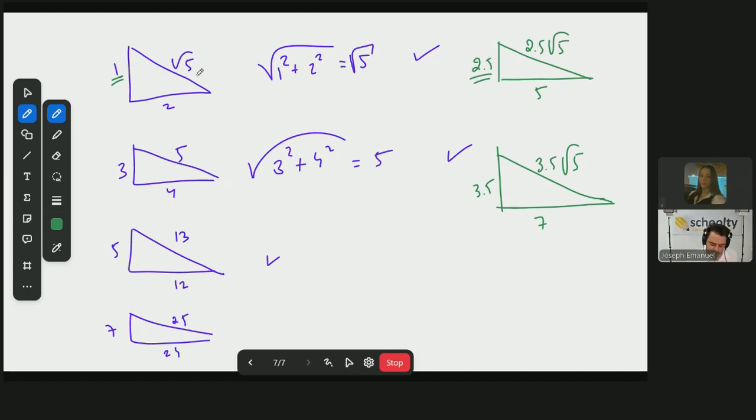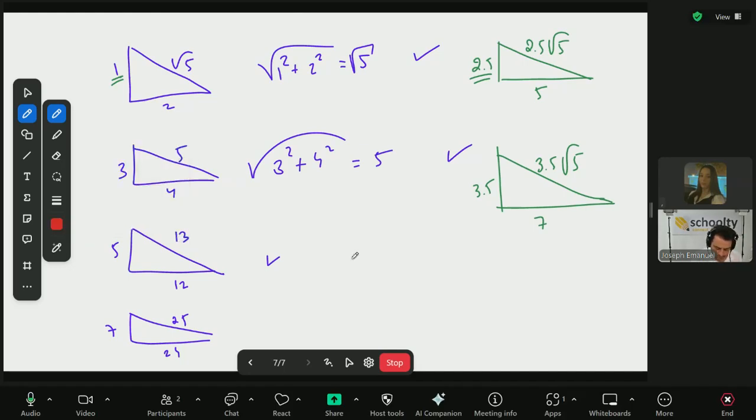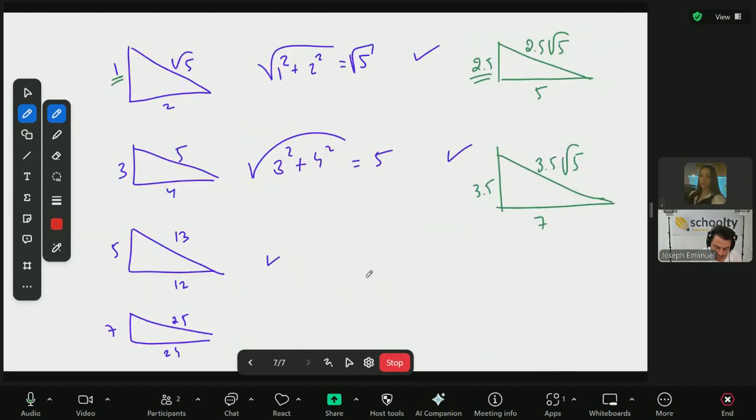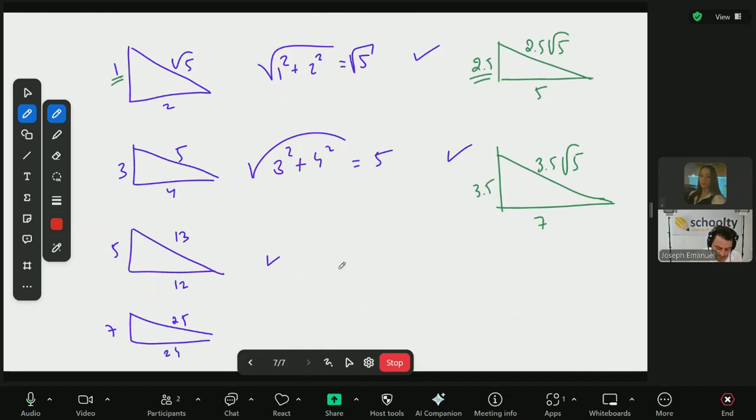Okay, so actually we can solve it now. How to solve it? The trapezium has sides 1 and 2, and 2.5 square root of 5 and 3.5 square root of 5.